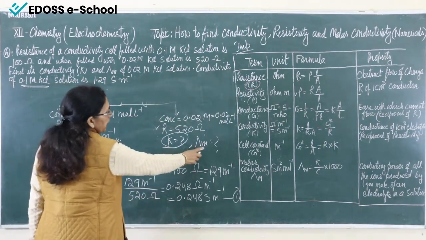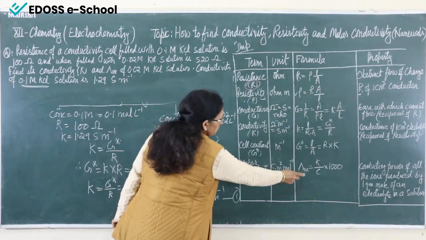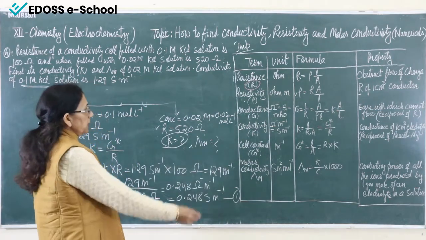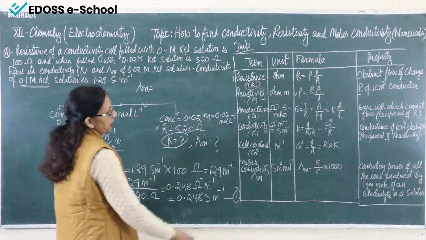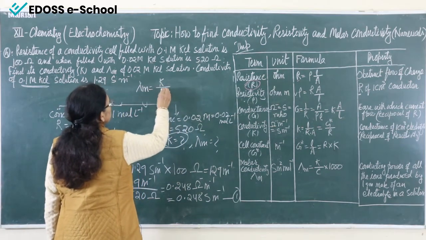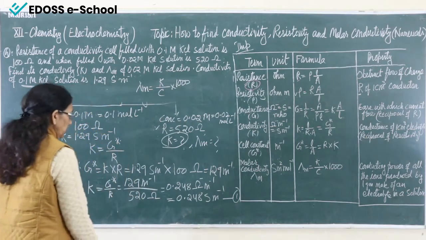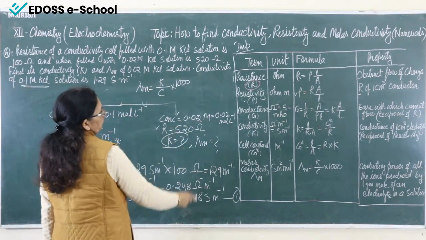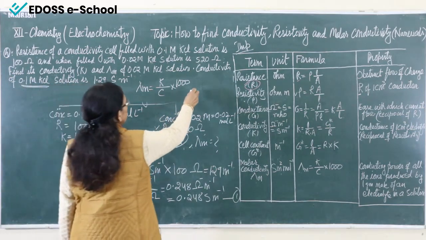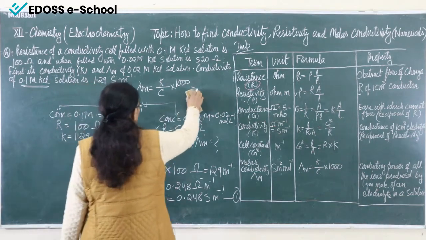Now lambda m is left. Now lambda m we can find. This is very simple. For lambda m we will write the formula: lambda m is equal to K upon C into 1000. Now K we know and concentration we also know, so we can calculate it very easily.